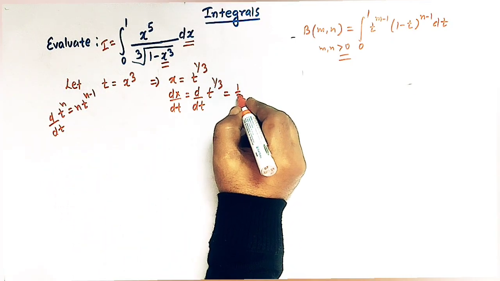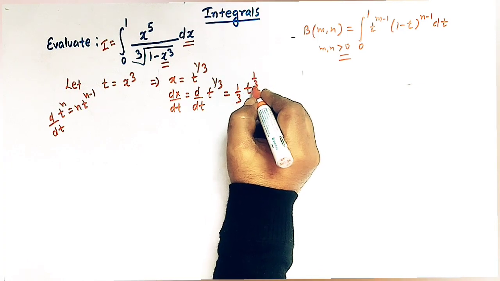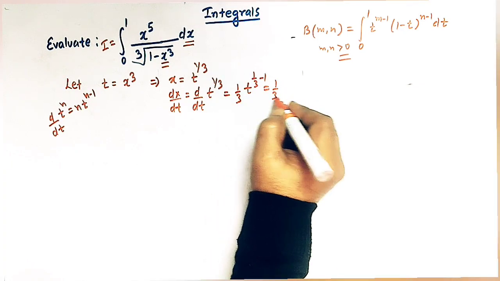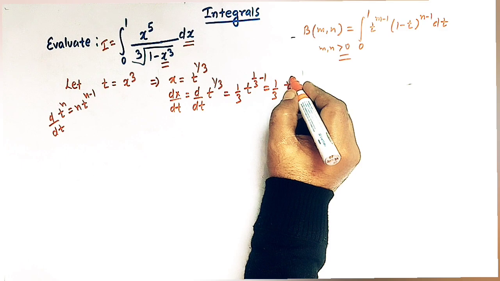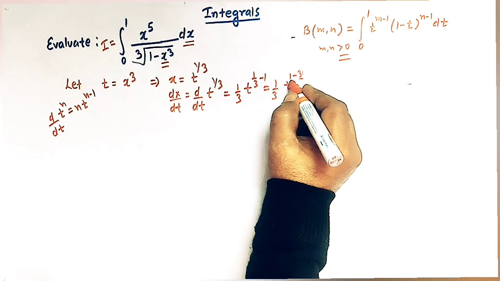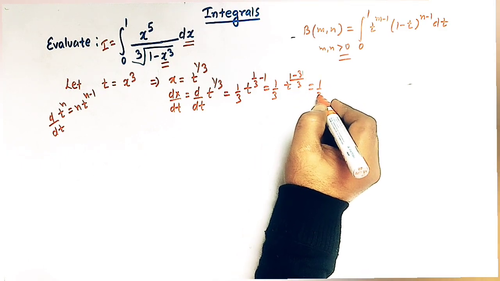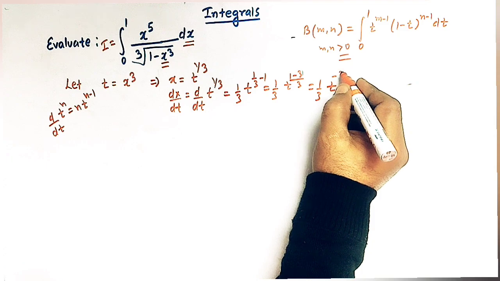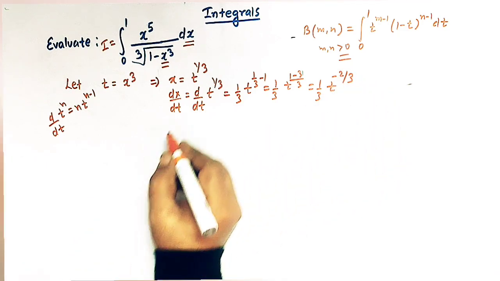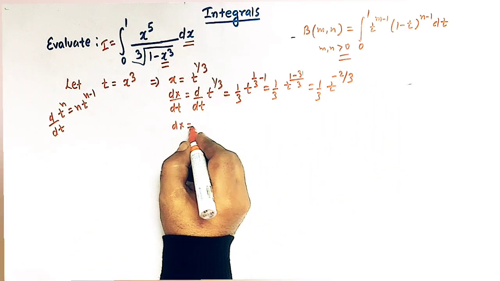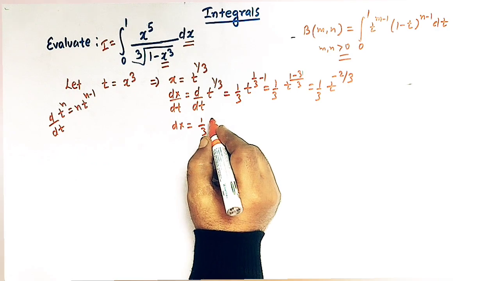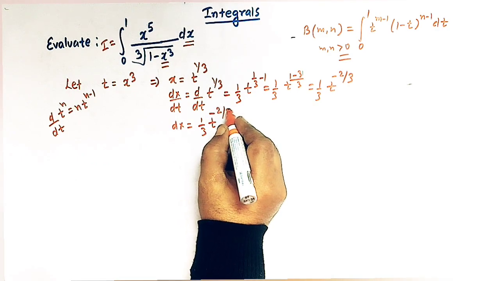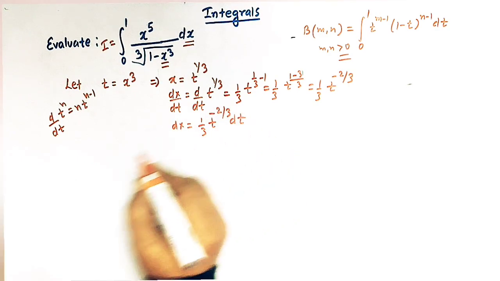So we have 1 over 3 t raised to 1 over 3 minus 1. So we have 1 over 3 t raised to 1 minus 3 over 3, that is 1 over 3 t raised to minus 2 by 3. So we can now write dx is equal to 1 over 3 t raised to minus 2 by 3 dt.